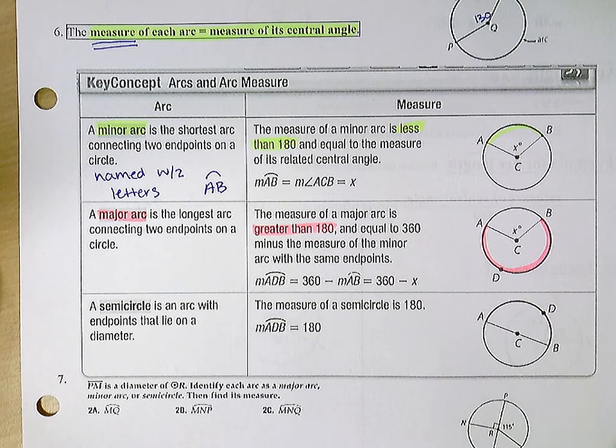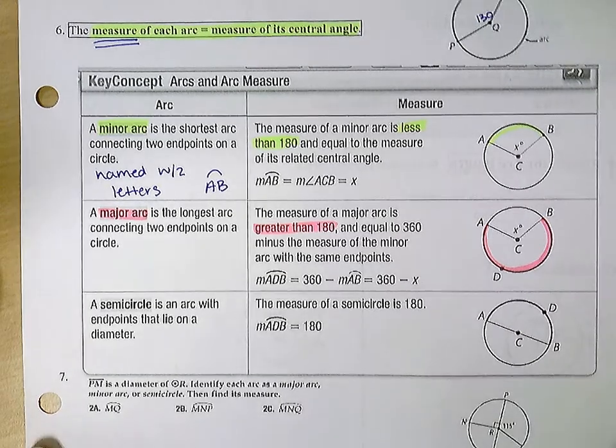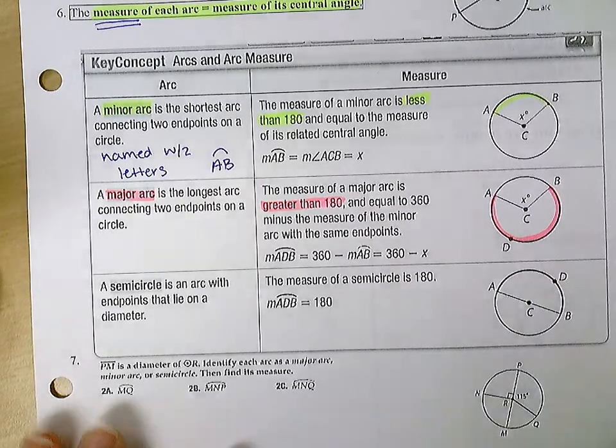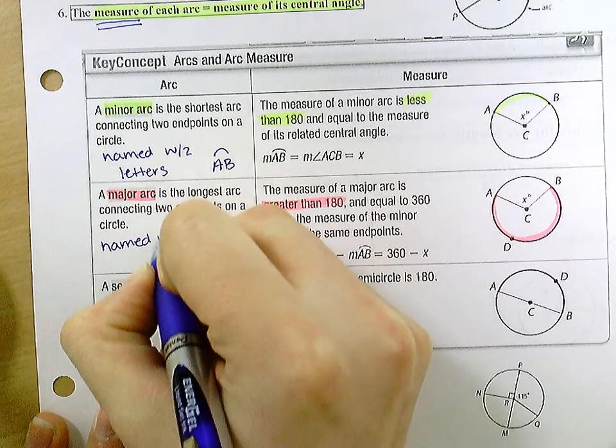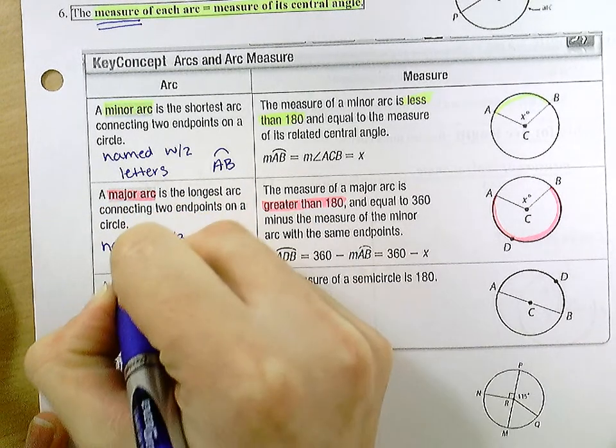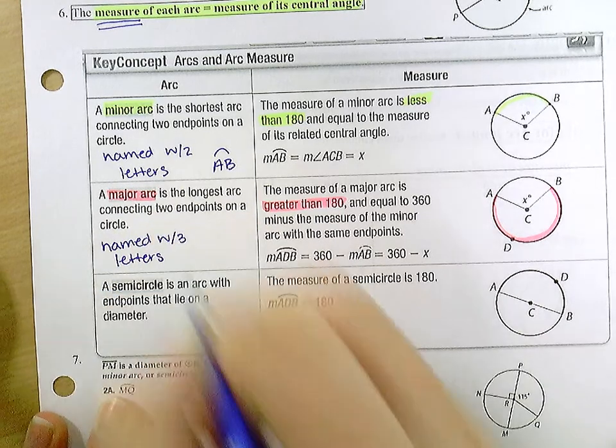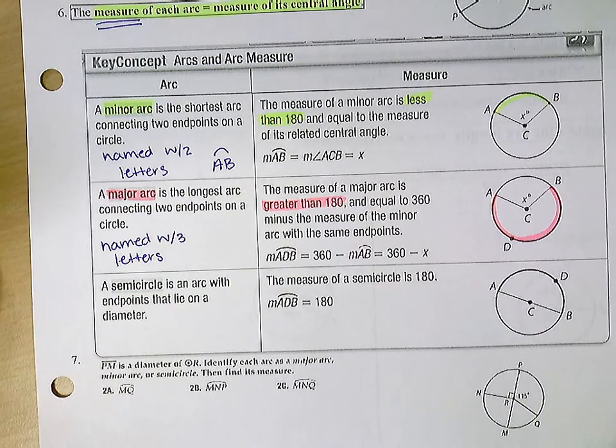So it's greater than 180. Now, major arcs are named with three letters. Minor arc was named with two letters. This one is named with three letters.